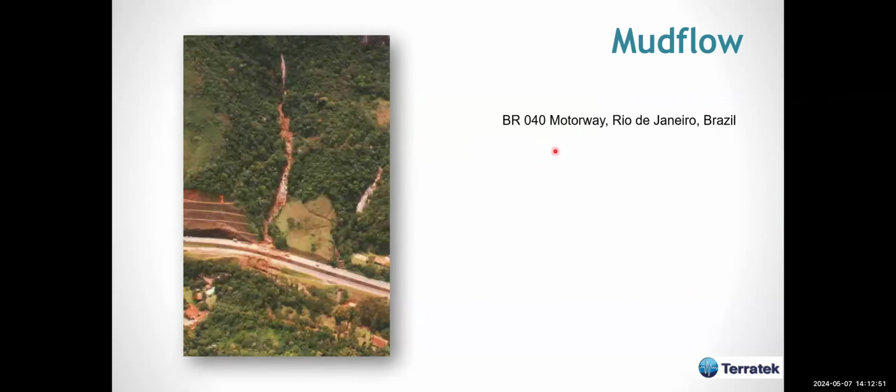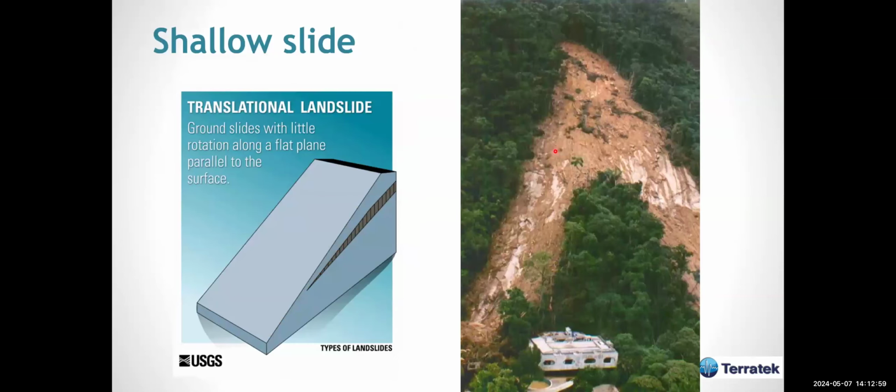An example of that is a mud flow taking place on a motorway not far from Rio de Janeiro, Brazil. I've seen this so many times. And translational slides, this one on the right-hand side took place very close to my home. It was 1988 and destroyed the house of a friend of mine.